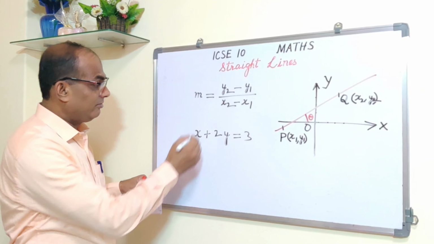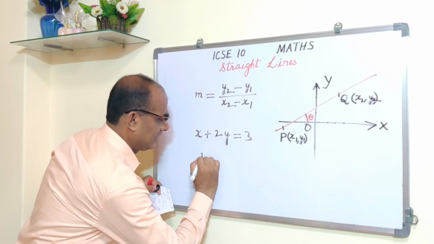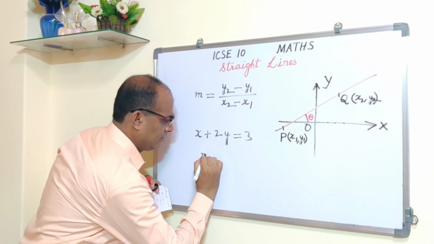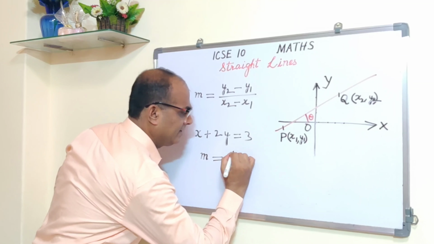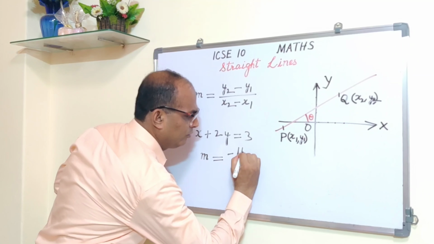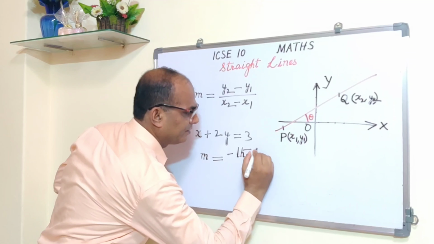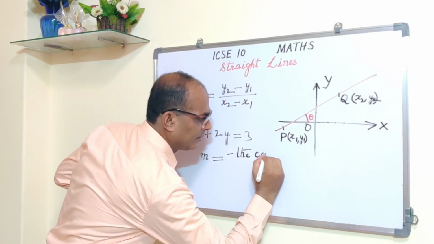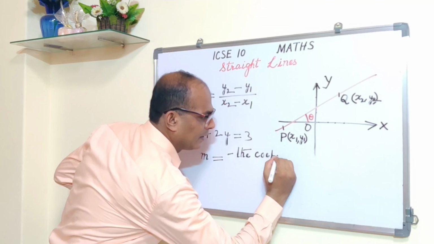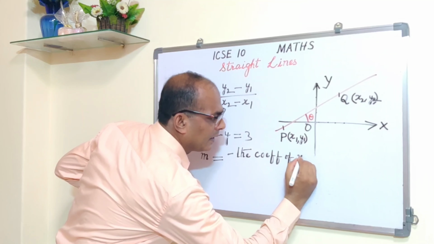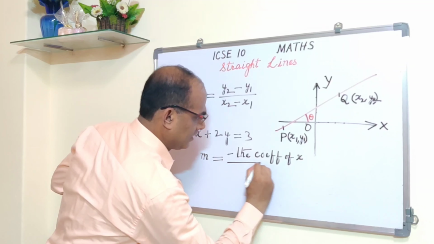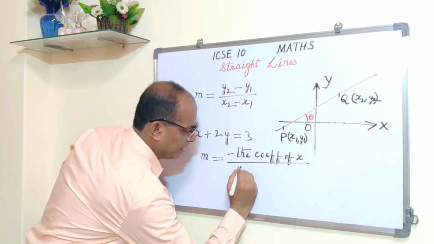So directly you can find out the slope of this line, and that slope you can write down, m is equal to minus the coefficient of x upon the coefficient of y.